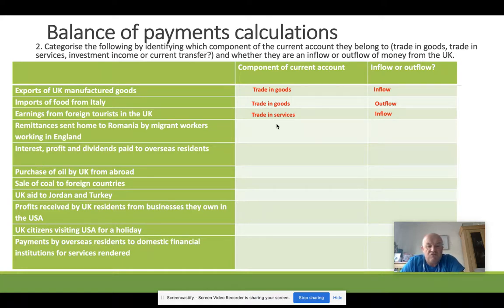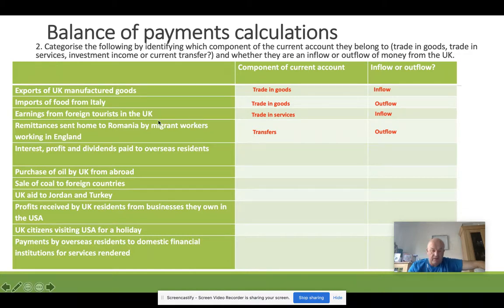Remittances sent home to Romania by migrant workers working in England. That would actually be what's known as a transfer, and that would be an outflow. So it's money transferred by migrant workers to their home country, probably sent home to look after their loved ones.